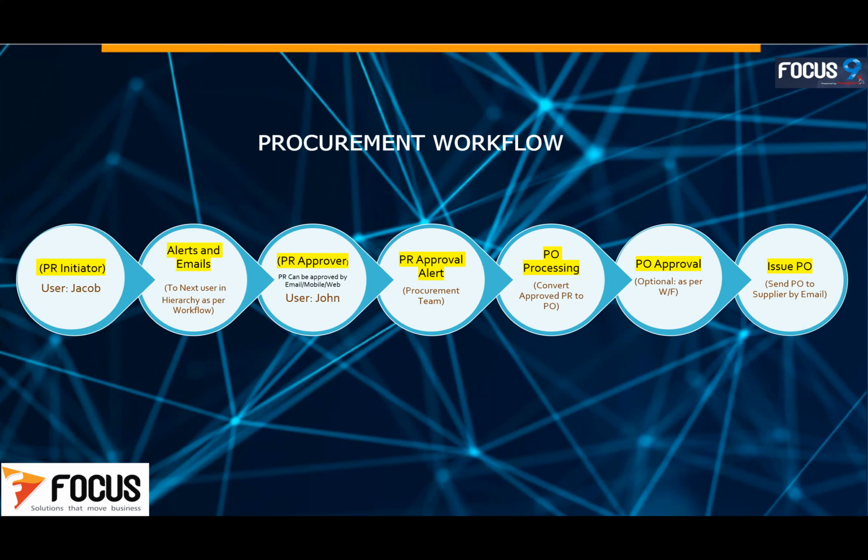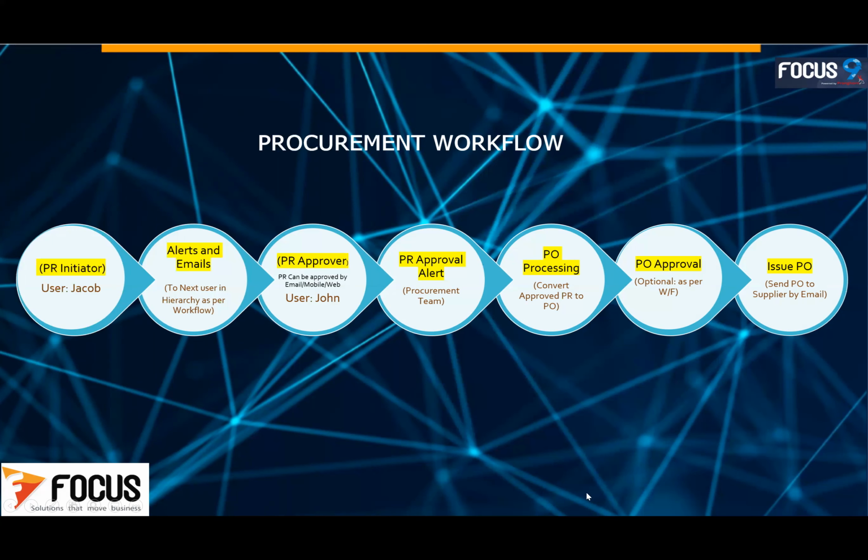Based on that approval, the procurement team moves forward with PO processing, which is generating the PO, creating the PO, converting the PO, etc. Then, if required, you can have another process of PO approval, depending on the organization and workflow requirements. Then it is issuing the PO and sending the PO to the supplier by email.